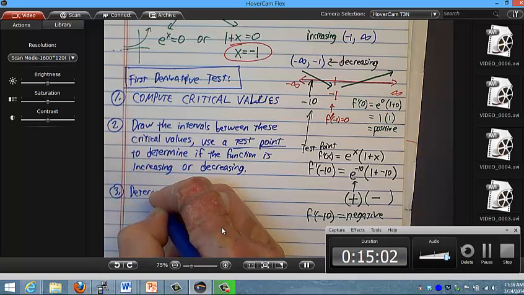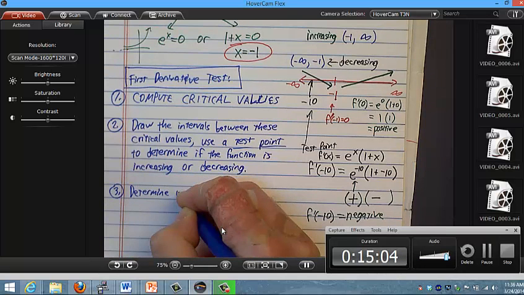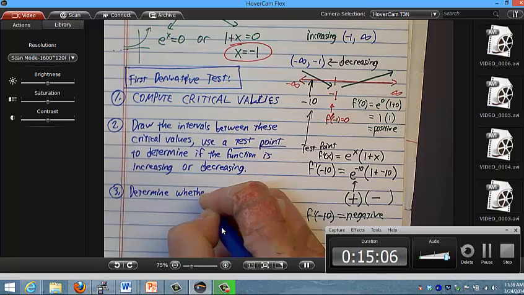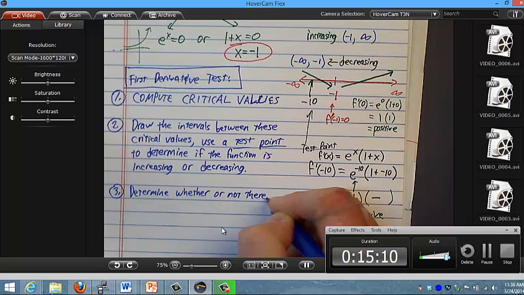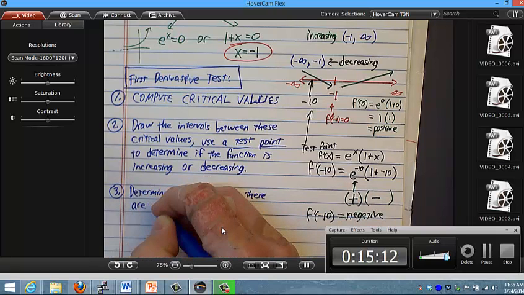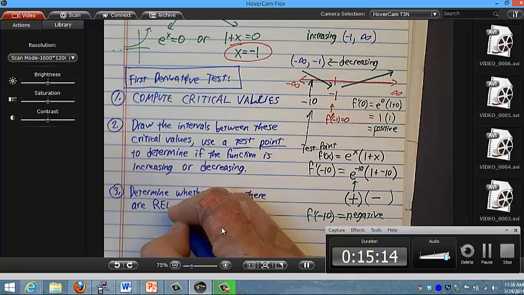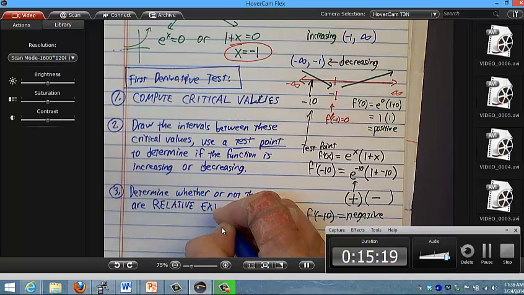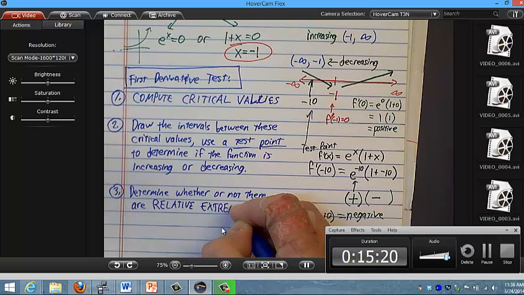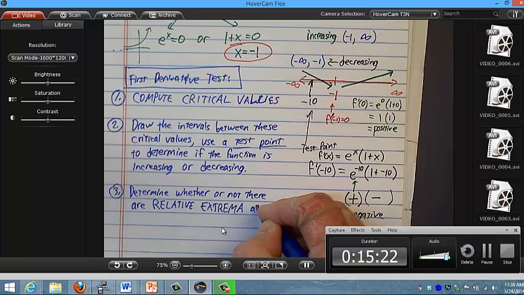Determine whether or not there are, and I'm going to give you the word, relative extrema at the critical values.